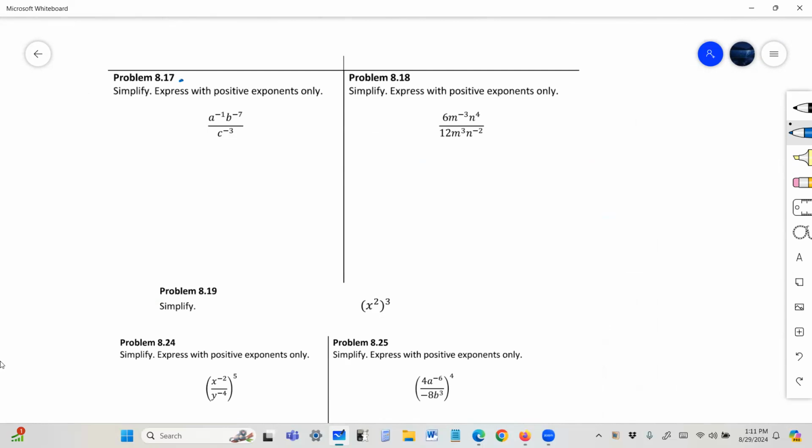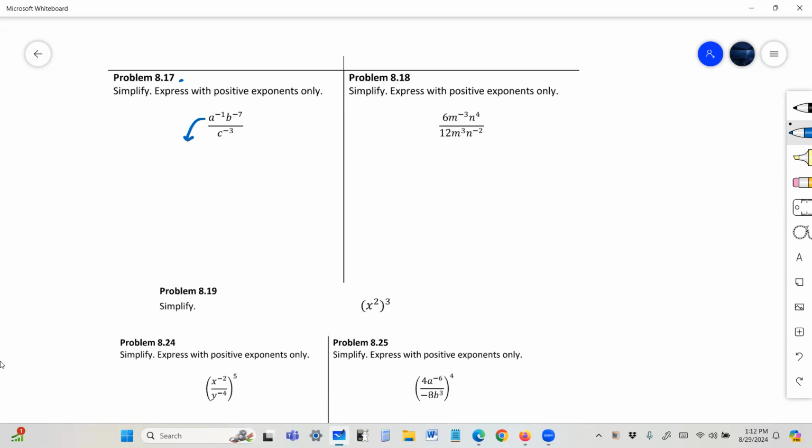In the first case, the 817, all of the variables are unique. So I cannot apply any of the product rule or quotient rule because those are only applicable if you have a common base. But all of the exponents are negative, which means we have to turn them into positive. Meaning what? If the negative exponent is in the numerator, like a and b right here, they have to go to the other side of the fraction.